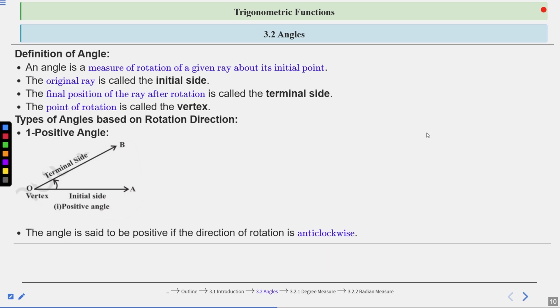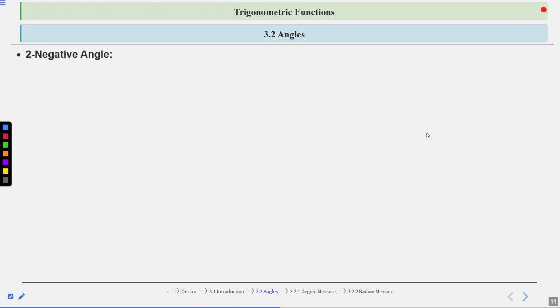Moving to the next. Now, the second one, negative angle. So, when you rotate from the initial to the terminal side simply following the movement of the needle of your clock, you will say that the given angle is a negative angle.